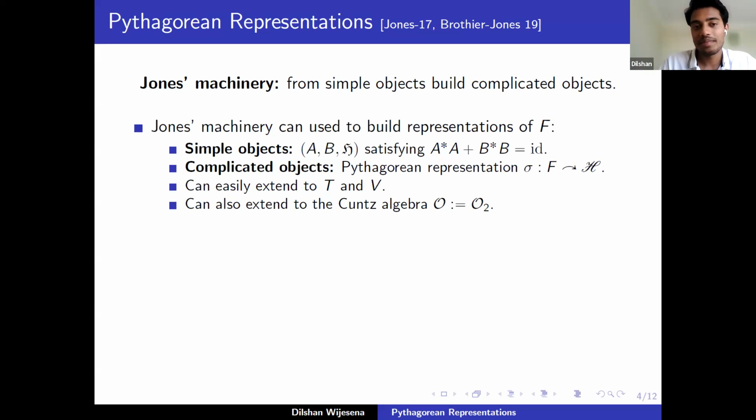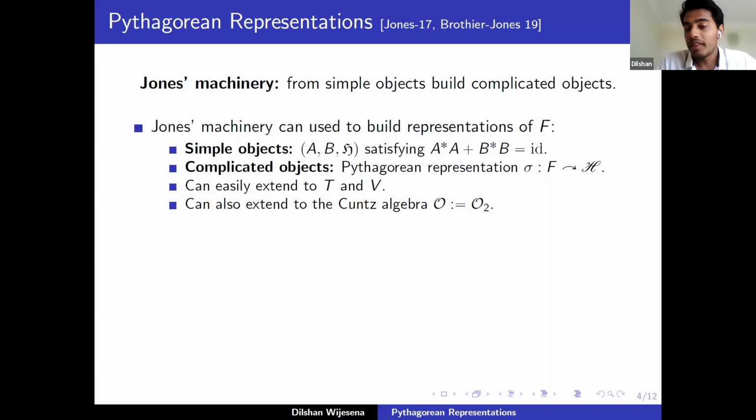Okay, and I should mention, right now, from what I'm saying, it may sound very mysterious, but it's actually relatively simple to understand what's happening. It's really just a direct limit process, if you know what that is. It's not actually a black box. You can see everything very explicitly and very diagrammatically as well. That's one of the main benefits of using this machinery.